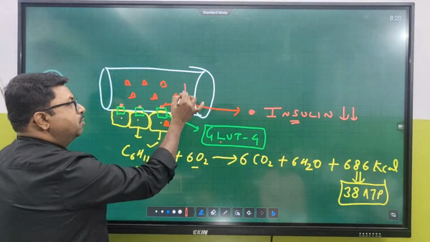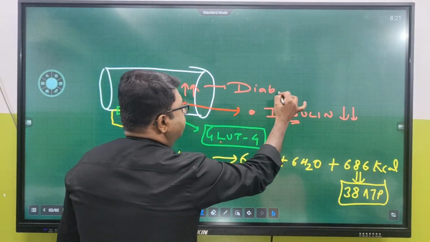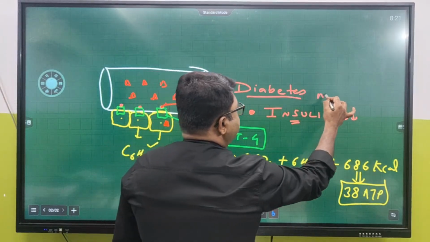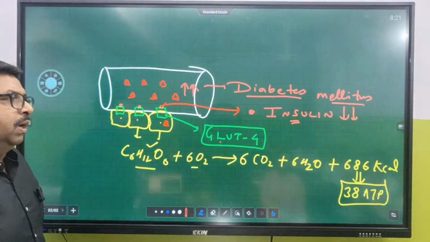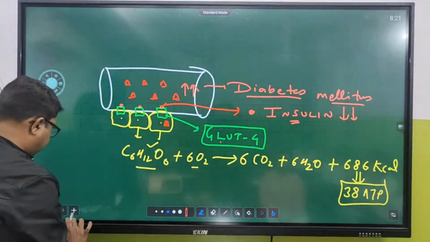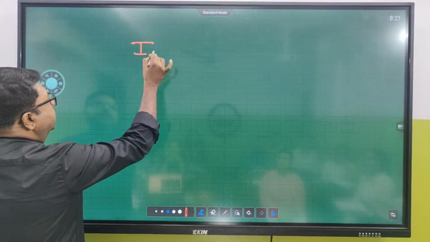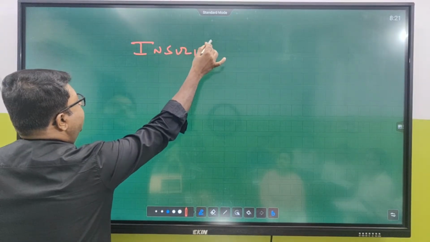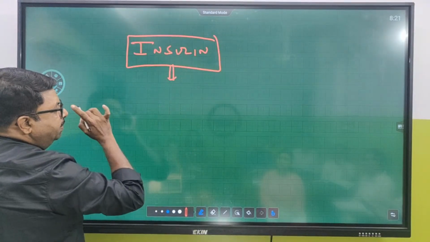If the glucose amount increases inside the bloodstream, we call the condition diabetes mellitus. Fine? Now, so we need insulin, and this insulin has to be injected into the patient suffering from diabetes.